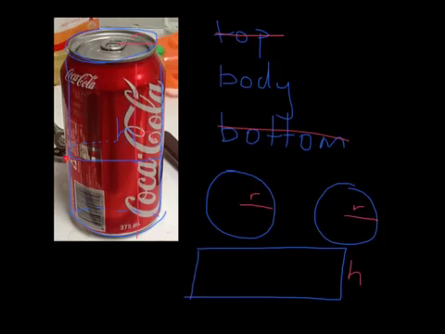You can see I've made just a loop around the circle. It's the circumference, and if you can remember your formula for a circumference, then the length, remember this is the height and this is going to be the length of my rectangle, is going to be equal to the circumference, which is 2 pi r.